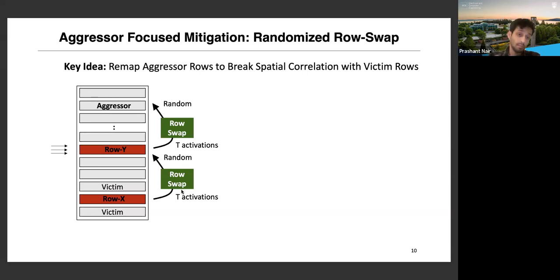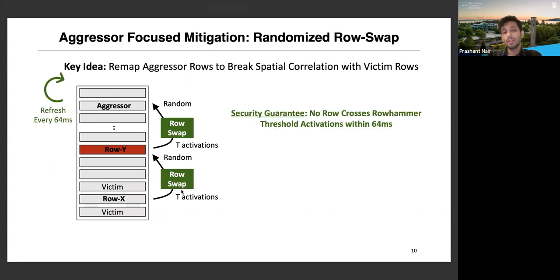Now, after that location is accessed T times, row Y and the aggressor row are swapped. So you keep doing this, and in our paper, we have security guarantees that no row crosses the row hammer threshold within 64 milliseconds, the 64 milliseconds being the refresh window.